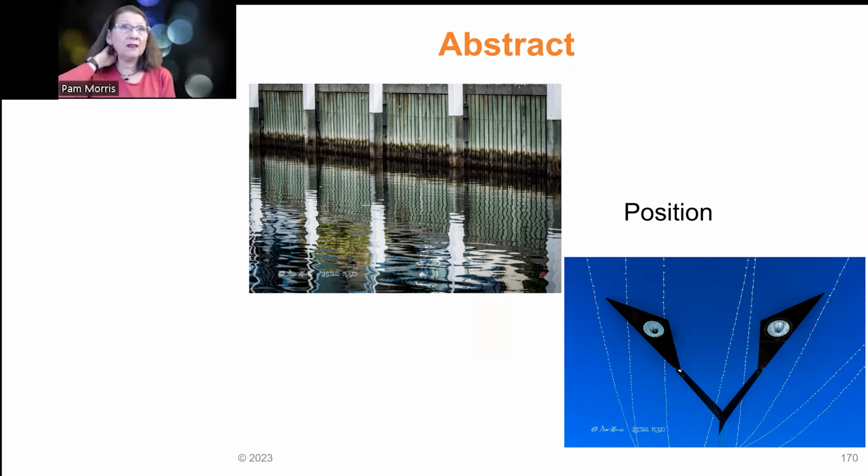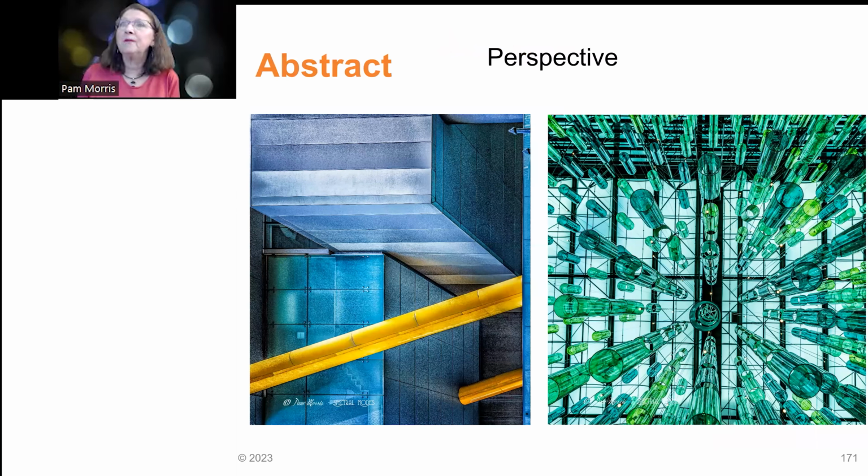This one on the right is quite intriguing, and all it was was looking straight up at a light post. And so these two things on the right are just lights at the top of the light post, and those things in the background are just the fairy lights that they show at night against a blue sky. But it's quite an intriguing image just because of the position that was actually taken.